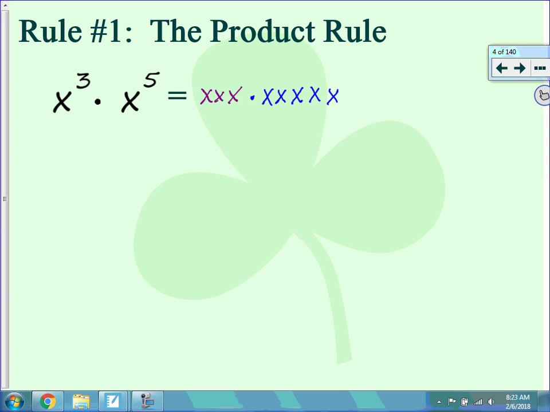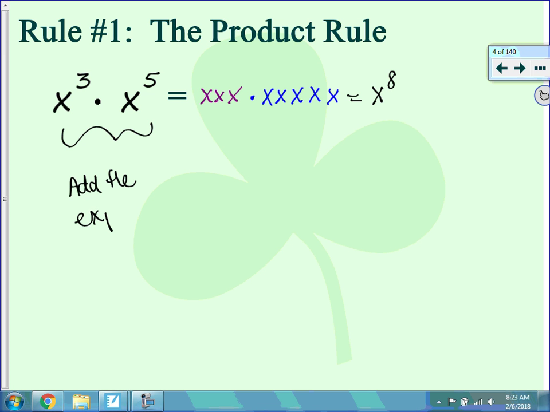And so how can I write this then as one exponential expression? X to the 8th, good. So what did we in fact do to those exponents? Yeah, we added them. So when you're multiplying, you add the exponents.